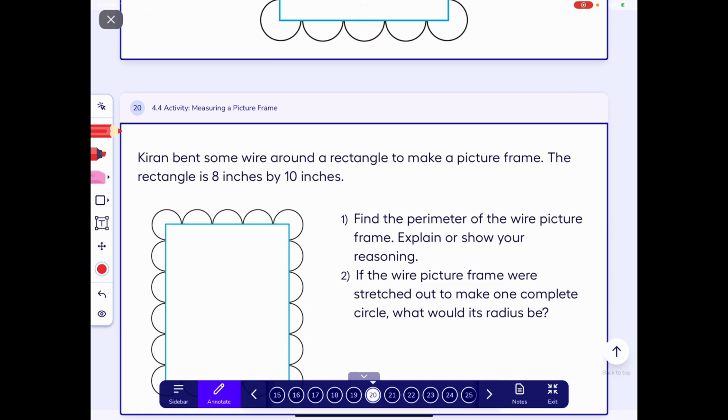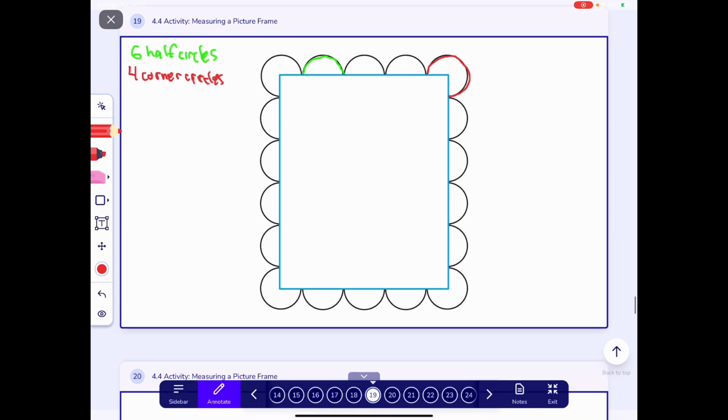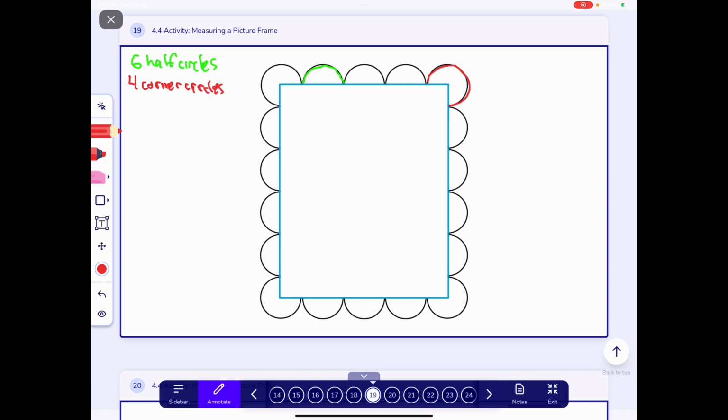Okay, so the rectangle is 8 inches by 10 inches. So 8 inches is the shorter side. This is 8 inches. That's 8 inches. And let's do the 8 inches first. Pause the video and see if you can figure out the diameter of each circle. What's the diameter of each circle?